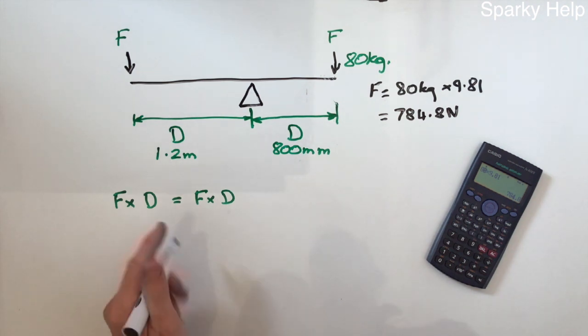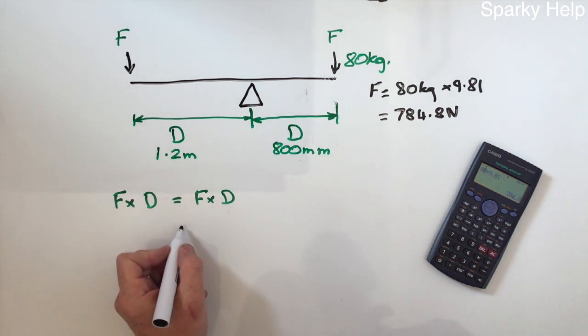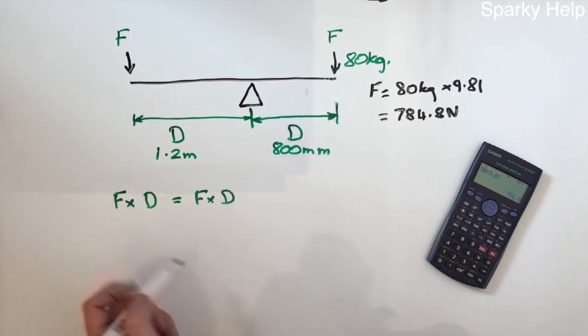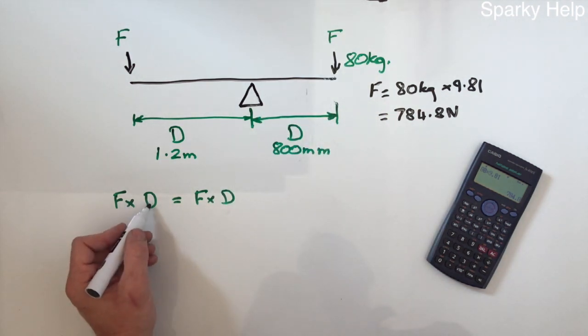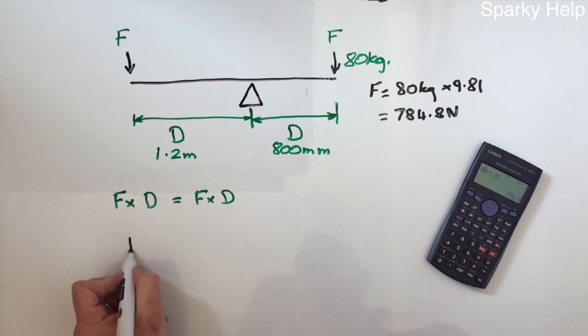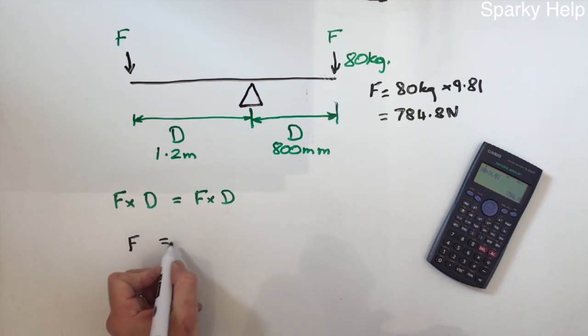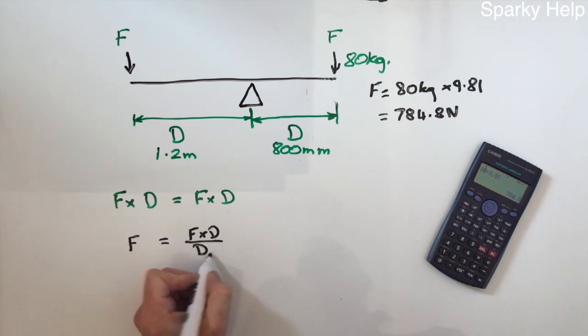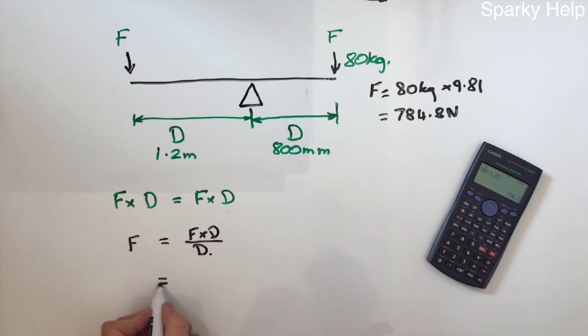Now we know that, we can put these figures in, or we can do the rearranging first. We want to find this side, so we want this F, so this D is going to drop over and become a divide. The F we're trying to find is equal to force times distance divided by the distance from the left hand side.